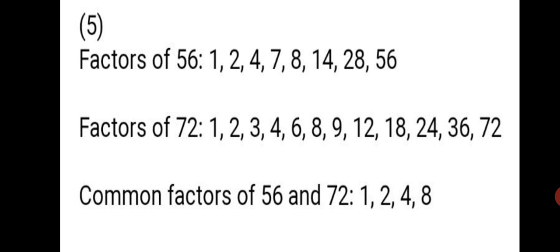So these all are factors of 72. 1, 2, 3, 4, 6, 8, 9, 12, 18, 24, 36, 72. Now the common factors of 56 and 72 are, check for only the common ones and write down 1, 2, 4 and 8. These are the common factors of 56 and 72. Besides these four numbers, there are no other common factors.